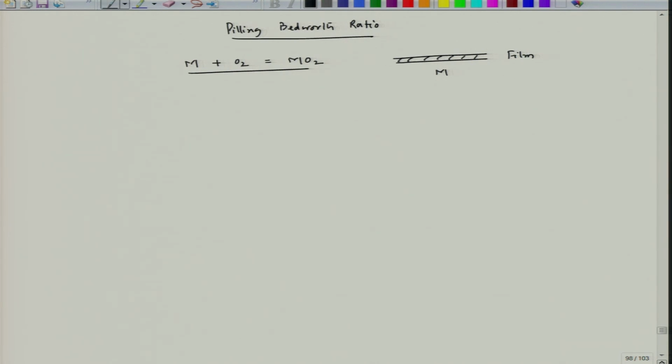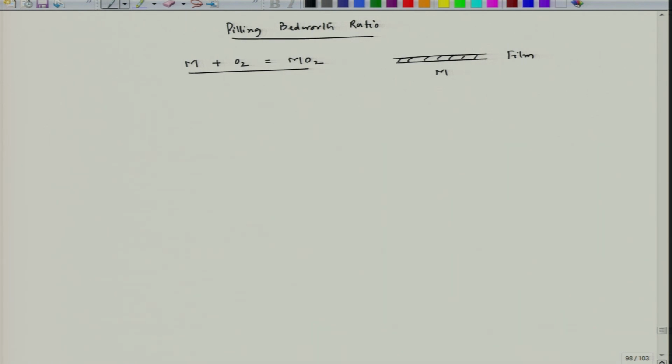But if the volume of the metal oxide is more than the volume of the metal consumed by oxidation, then the metal oxide will form a continuous film on the surface. That can be taken as a thumb rule, and it can be converted into a parameter.